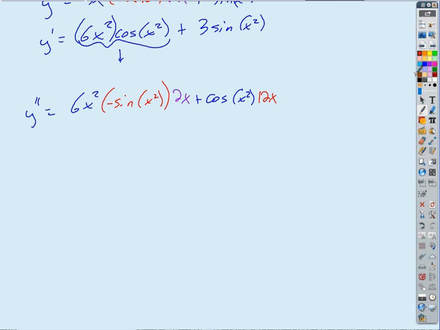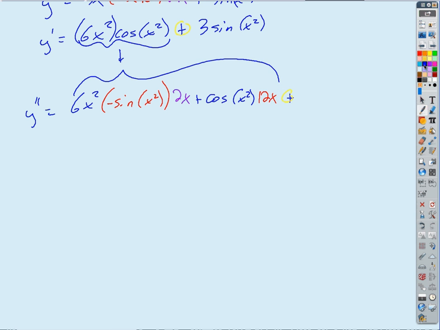So that's the derivative of the first term, right? So now we've got the next term, the derivative of the next term.